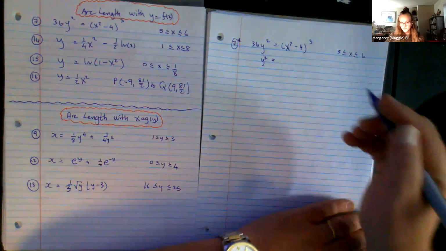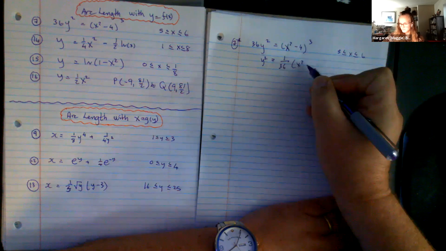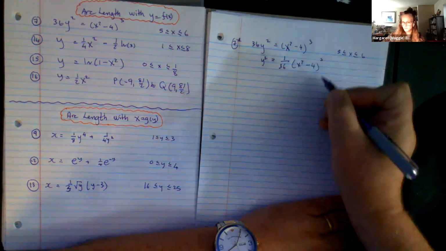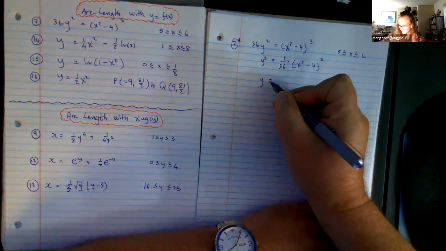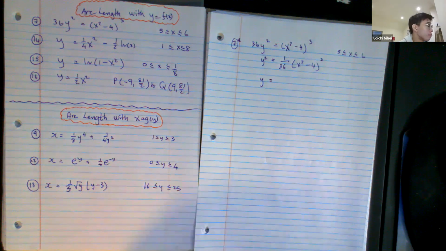Divide by 36. Okay. And what should I do now to both sides, to get y? Square root. Square root. Yeah.